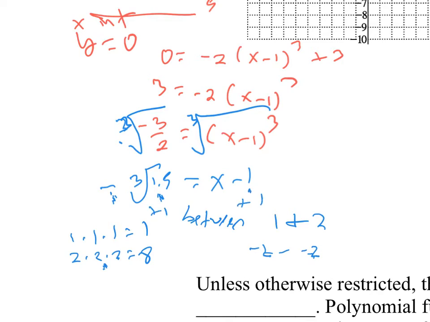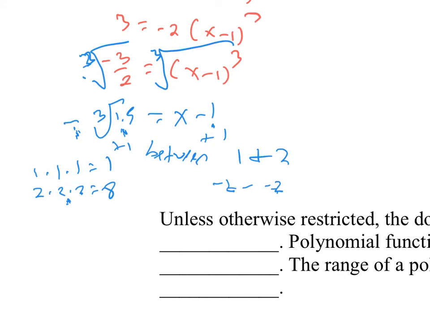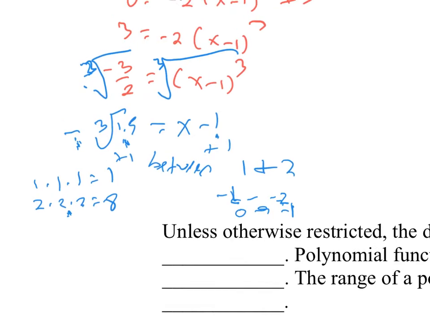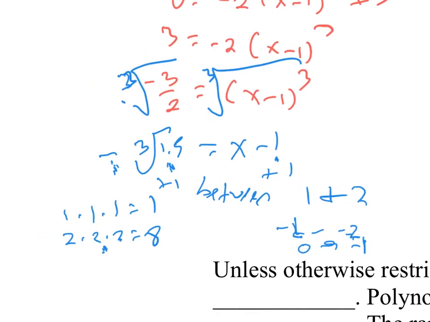So in my head, if I add 1 to both sides, and I did it right, I'm probably looking at something between 0 and negative 1. But let me have you help me out with a calculator. Could somebody pick up a calculator and do the cube root of 1.5 times a negative 1?